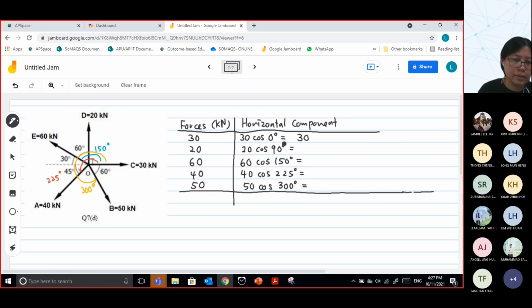This one will be 30. Zero. Negative 51.96.